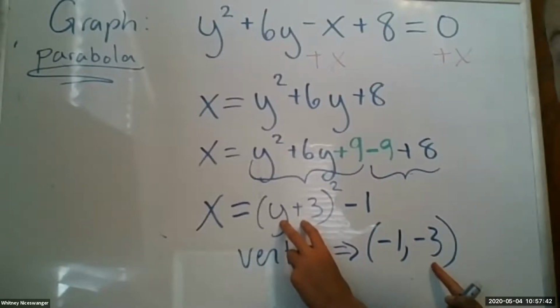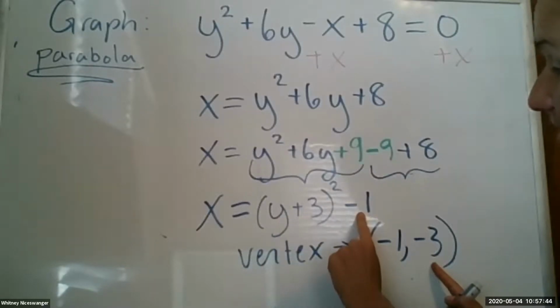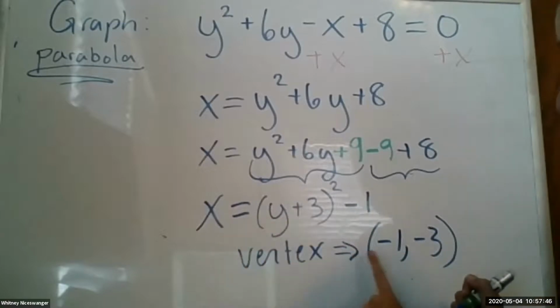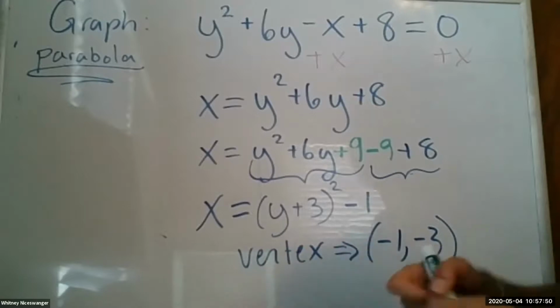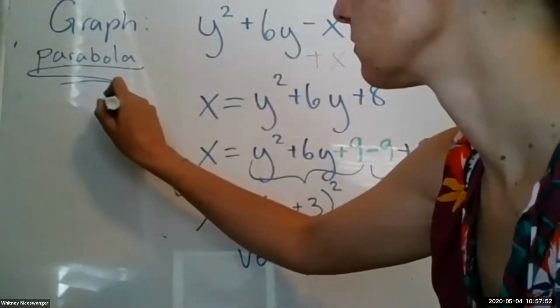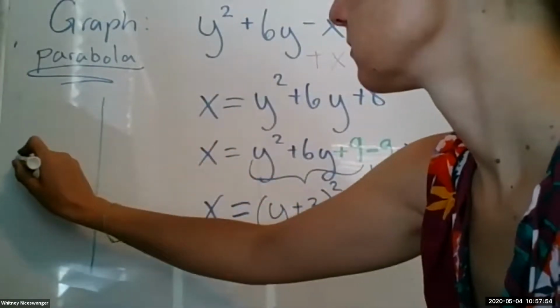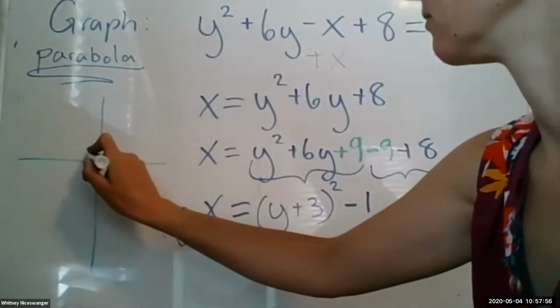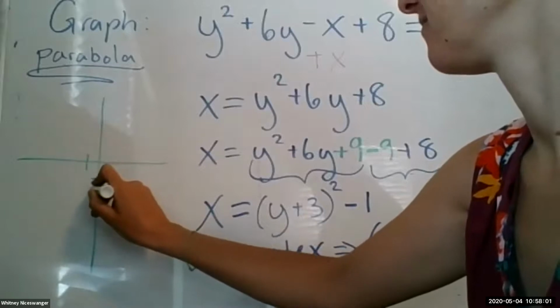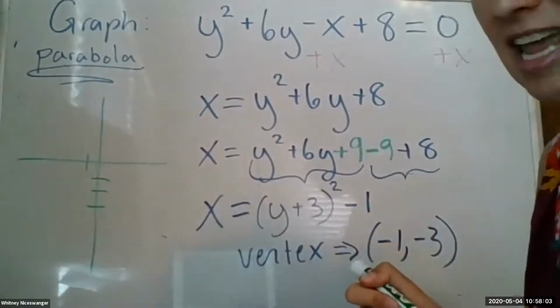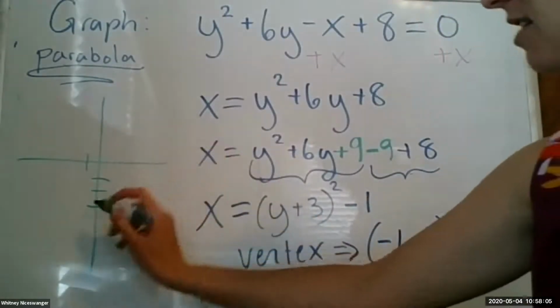The x is the -1. So our vertex is -3, -1. Sorry, -1, -3.